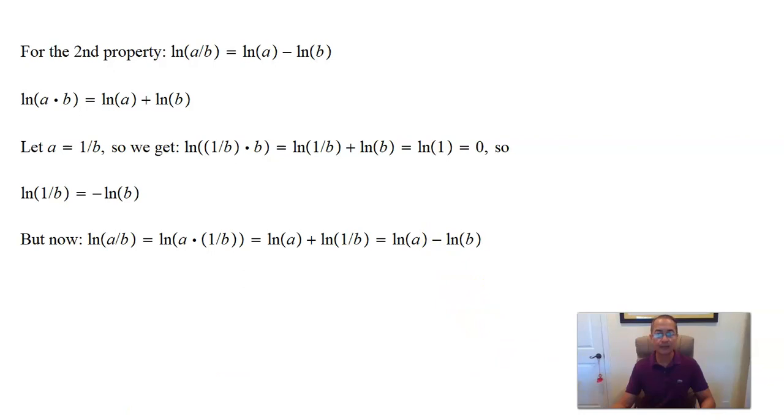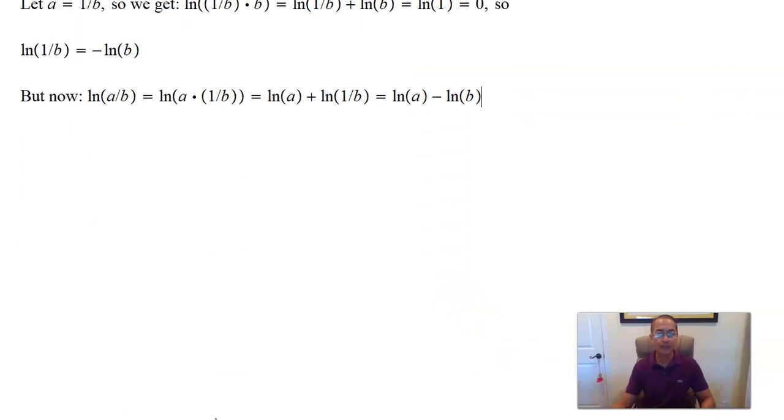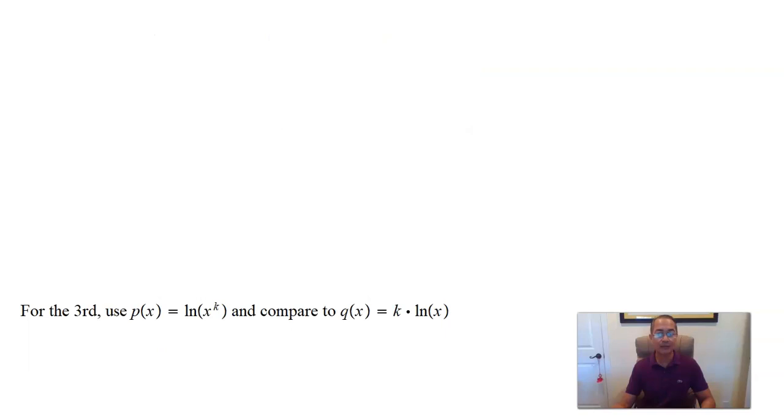For the third property, we are going to go back to first principles like we did in the first property, and we're going to leave this to you for an exercise. Instead of ln of a times x, we are going to look at ln of x to the power k. Apply the derivative formula, and don't forget the chain rule.